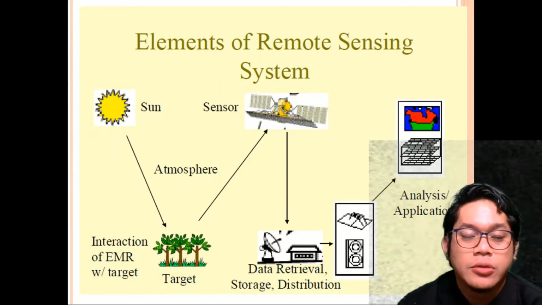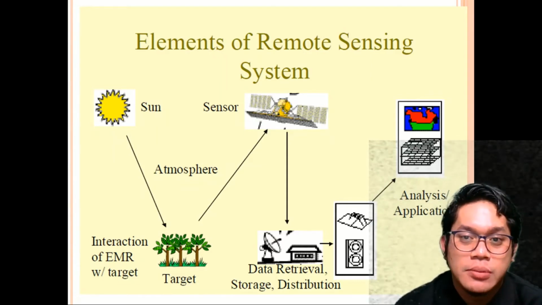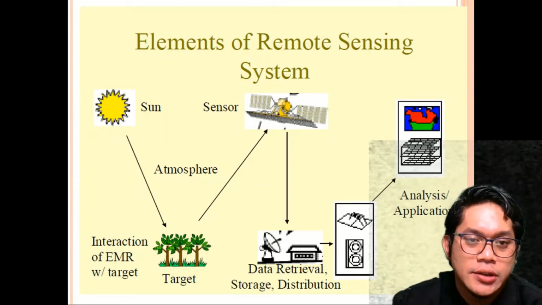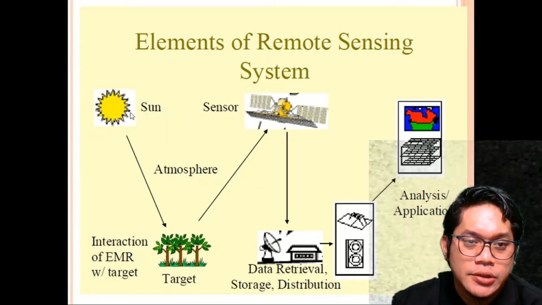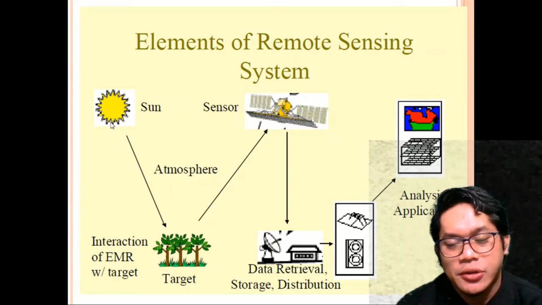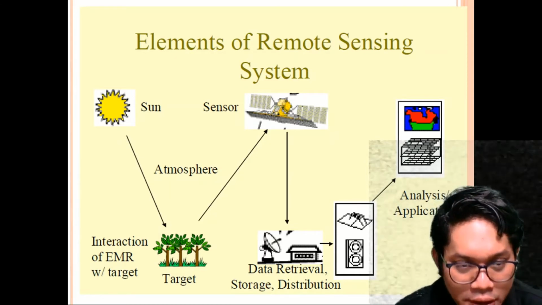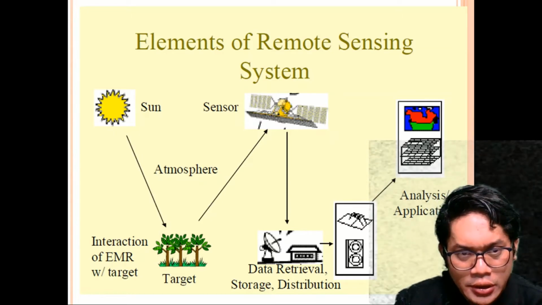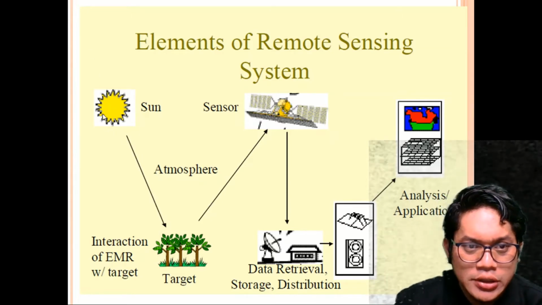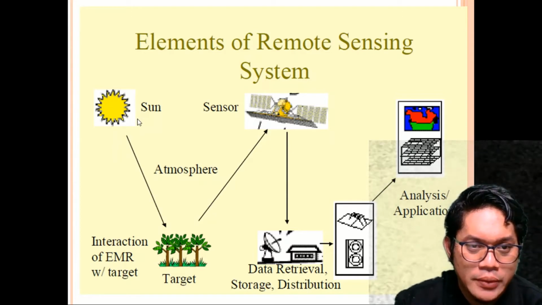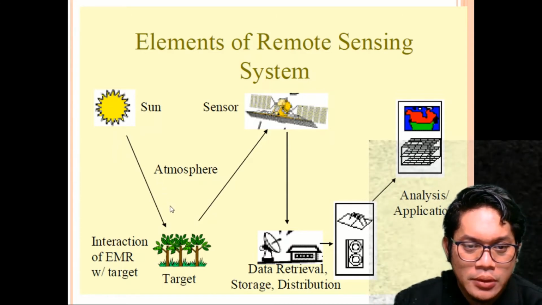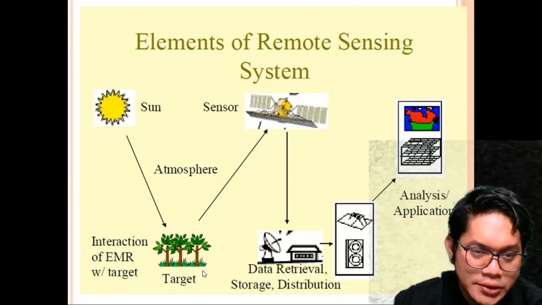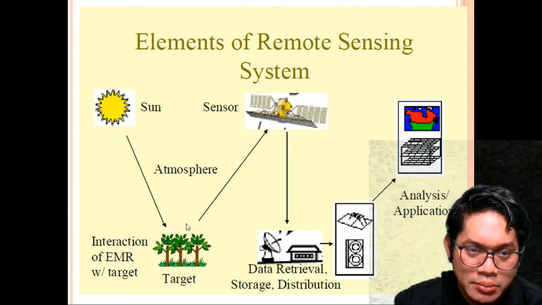Now we are looking into the elements of the remote sensing system. So we do have the sun here. As you see here is the sun, which is the main source of electromagnetic radiation, and the energy from the sun goes to the target, which is the surface, with the atmosphere in between.